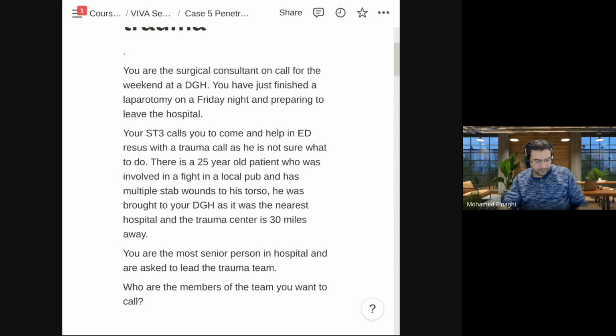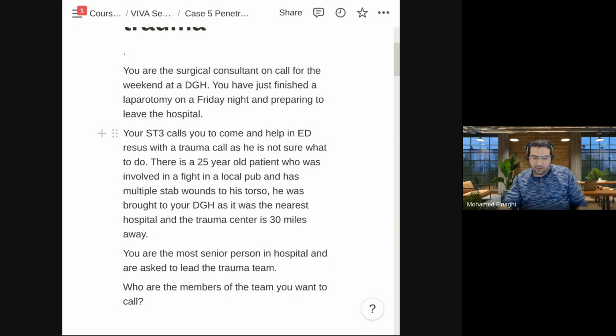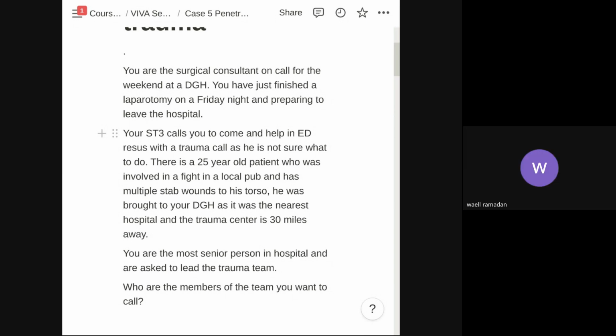Yes, it's important to be familiar with the trauma team members, because if you look at the trauma team in your hospital, you'd find lots of people involved. You have the anesthetist managing the airway, and the ODP as well, and the orthopedics too. It's not just the doctors. You also have the nurses.